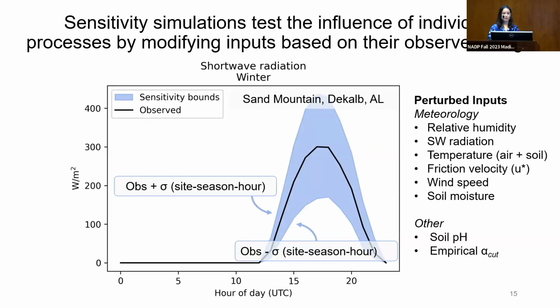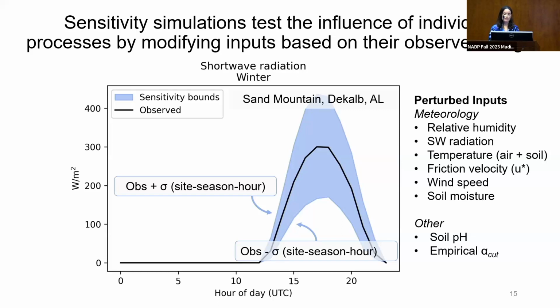The way that we implement these sensitivity simulations is we look at the observed diurnal profile at that site and take the standard deviation specific to that site, season, and hour, and develop essentially an envelope that we implement as the sensitivity case. We do that for the meteorology inputs that are shown on the right-hand side.